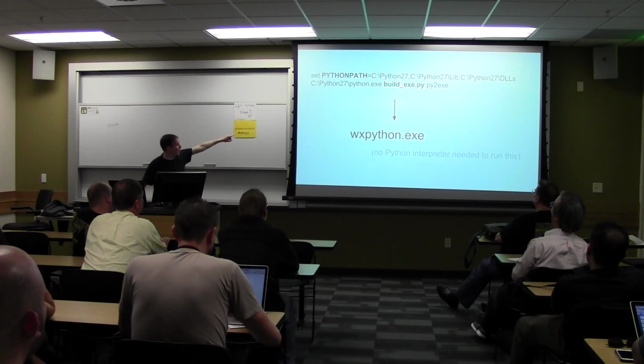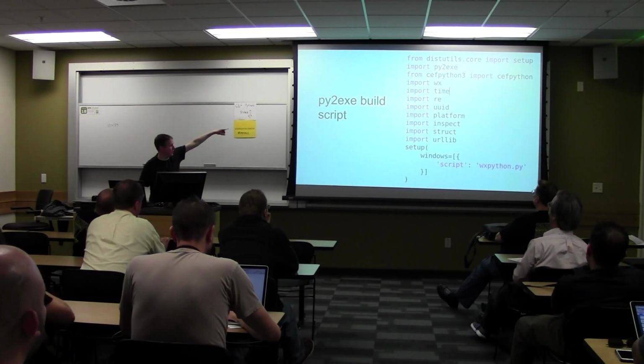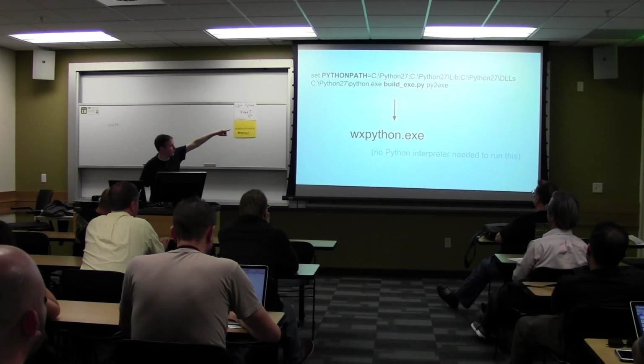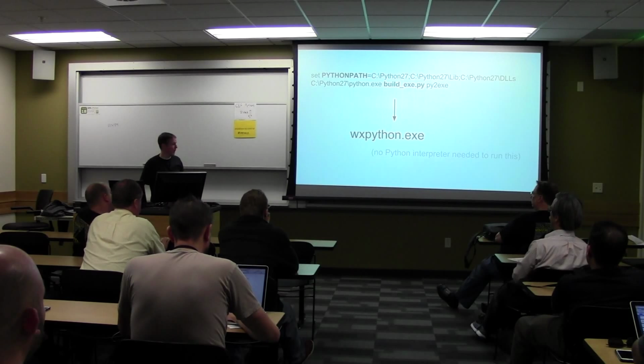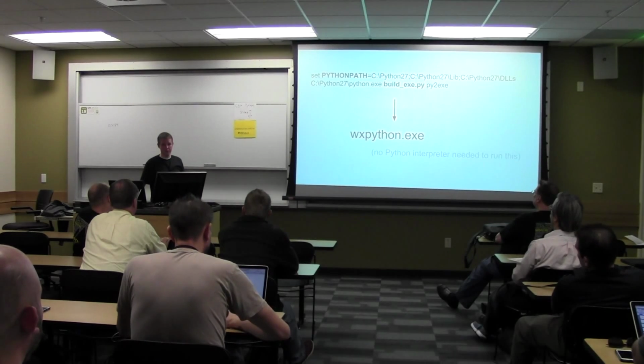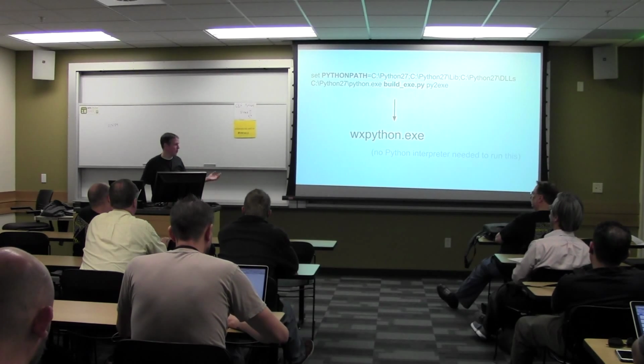So this Python file that we looked at is build_exe.py. And then you just give it py2exe as an argument. And the next thing you know, you have a wxpython.exe that you can distribute. I've built multiple things with py2exe, and it works really, really well. I've used it where I work, and it works great.